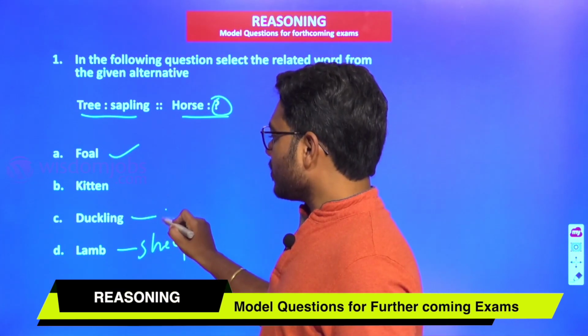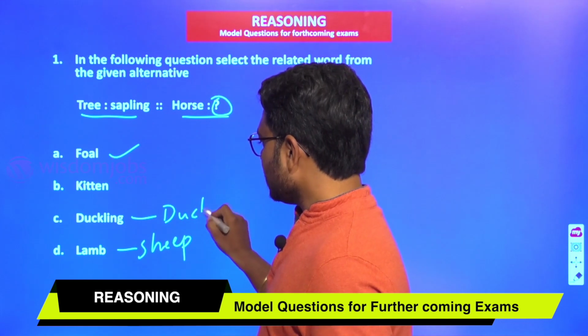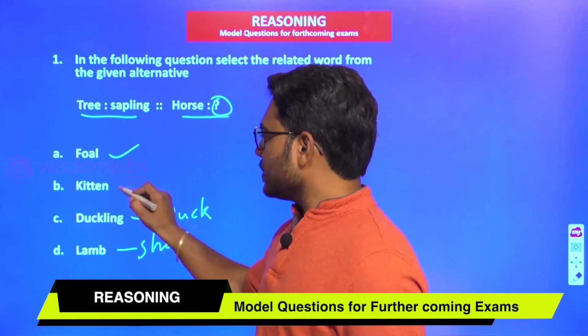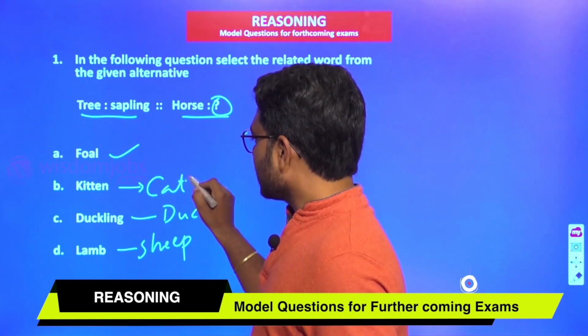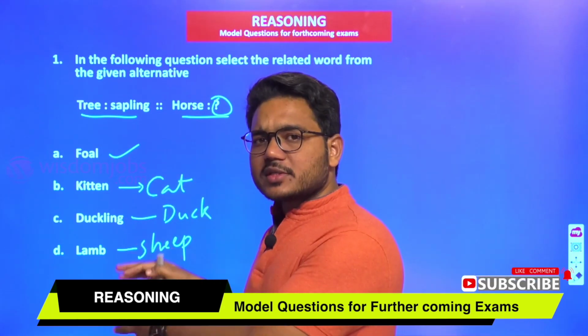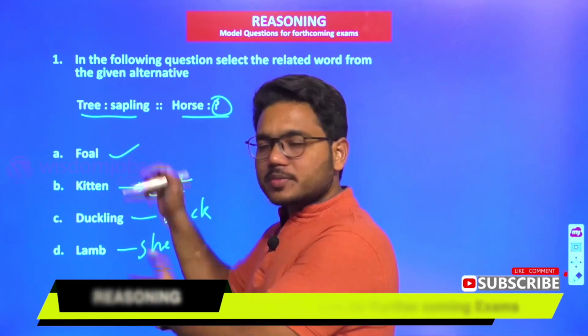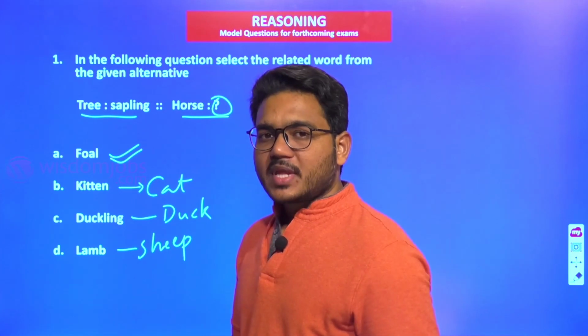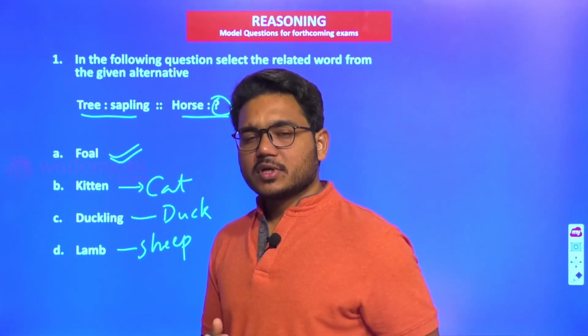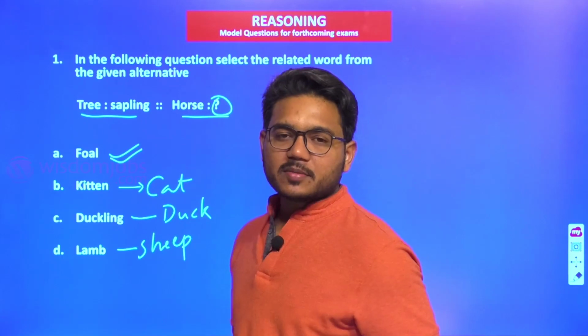Duckling is the younger form of obviously duck. Kitten is pertaining to cat, the younger form of cat. By checking all these, I could solve it only by eliminating the options and get to the answer foal. That's how you can get the answer by the elimination method too.